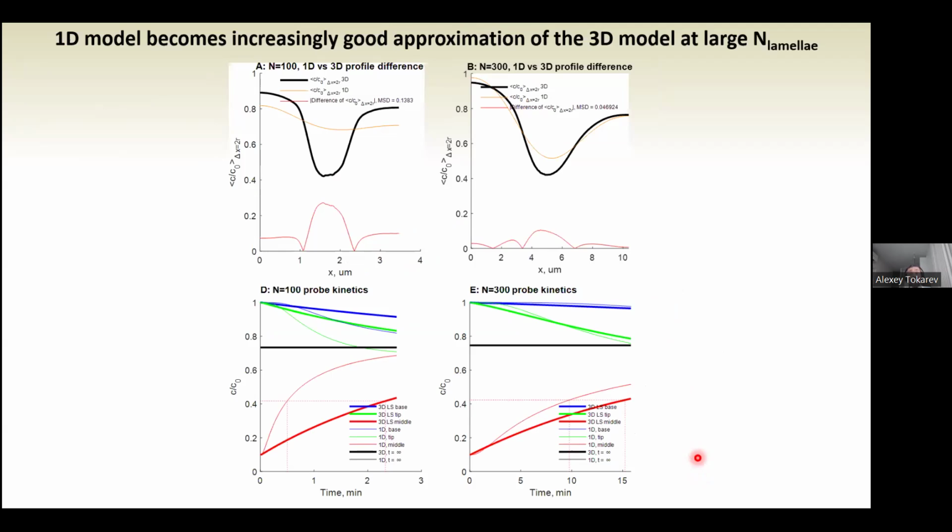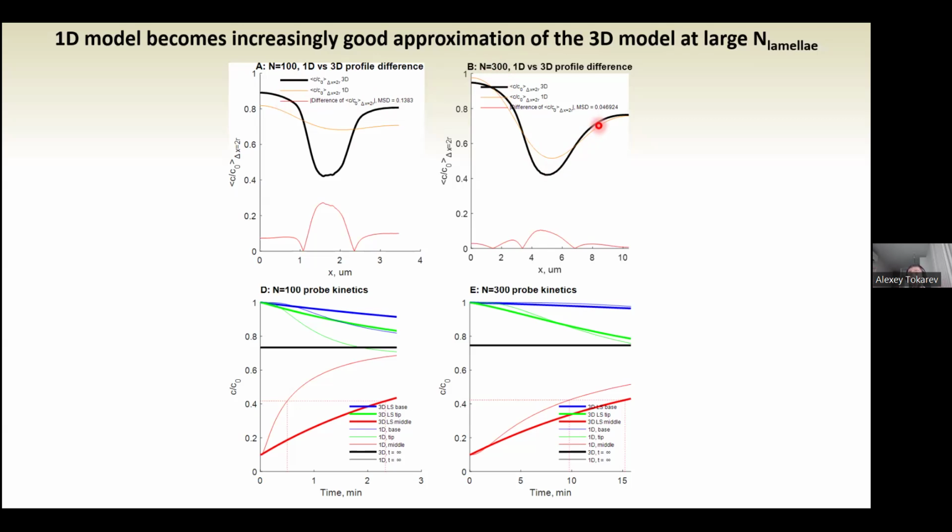Yes, before we compare to experiment, we compare the three-dimensional model to the one-dimensional model, and here we see profiles of concentration in the three-dimensional model and the one-dimensional model at a small number of lamellae, and they are not very close. But when we increase the number of lamellae, when we tend to the real length of the outer segment, the situation becomes much better.